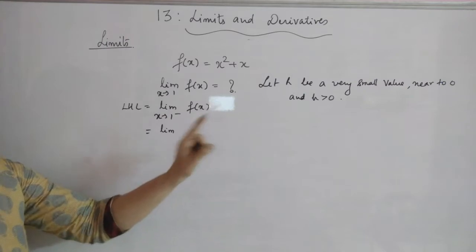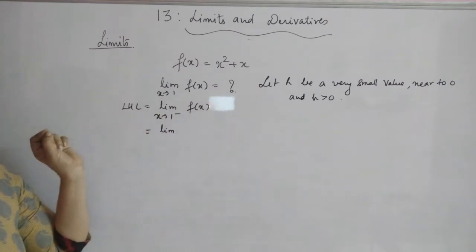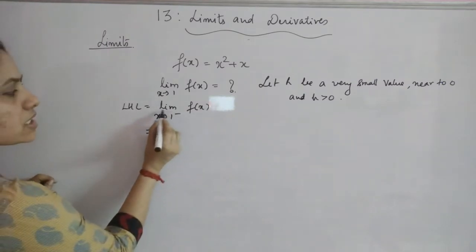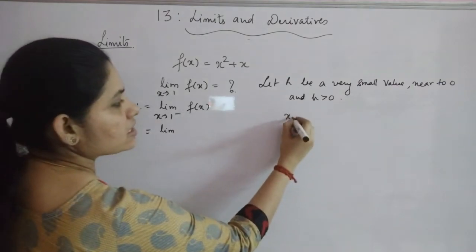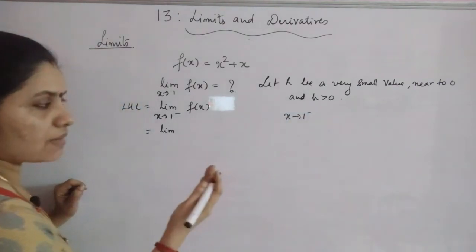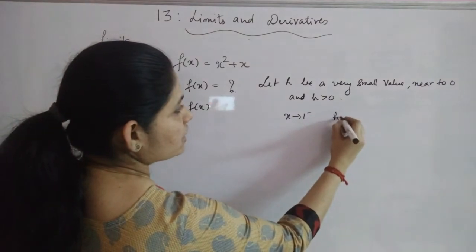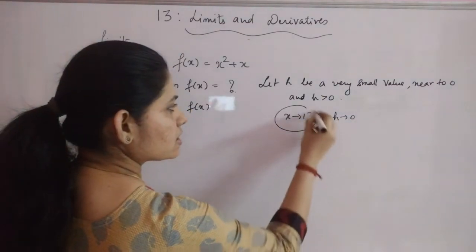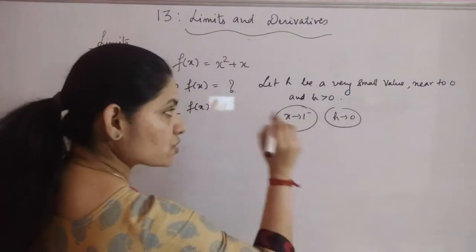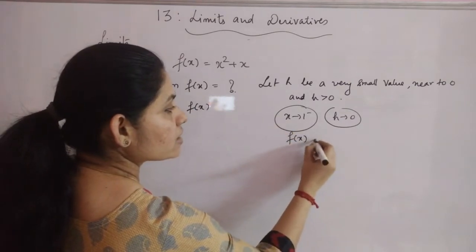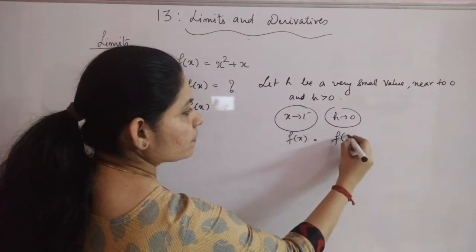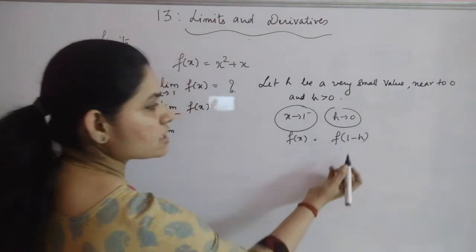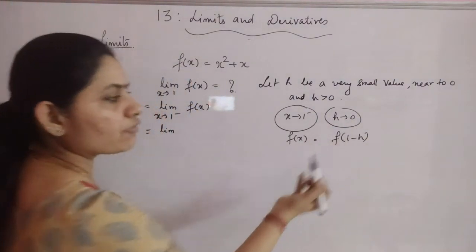Every time this h will be approaching 0, h is a very small quantity approaching 0. So I am changing this limit: x tends to 1 minus is the same as h tends to 0, when the function f of x is replaced with f of 1 minus h. You just see, when h approaches 0, you will get f of 1 only.